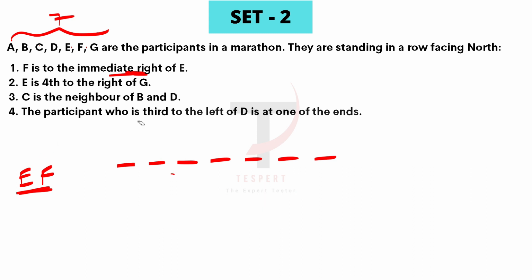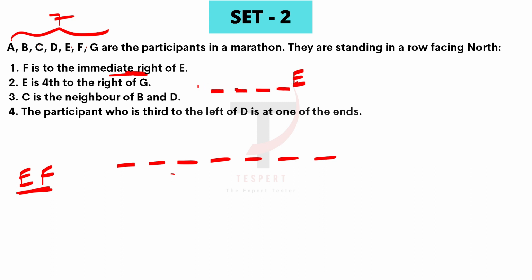So if we move on to the second statement, E is fourth to the right of G. Okay. So E is fourth to the right of G, which means if E is here, then G must be 4 places before E, which means the first place, second place, third and fourth.